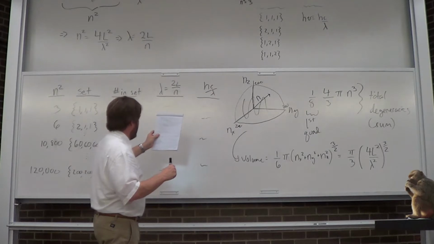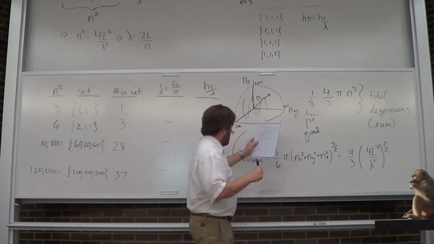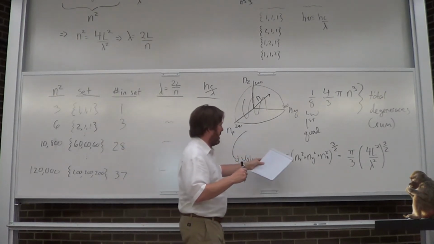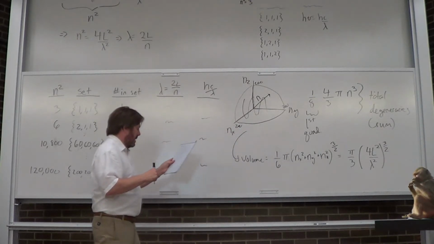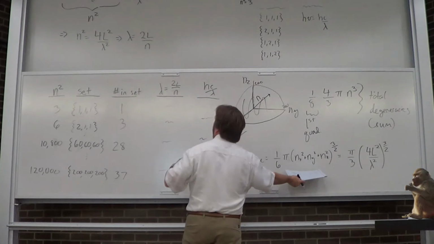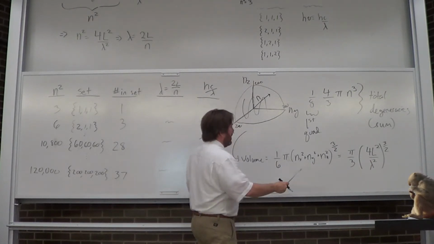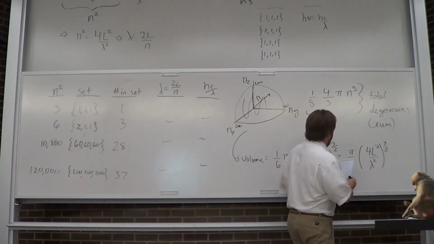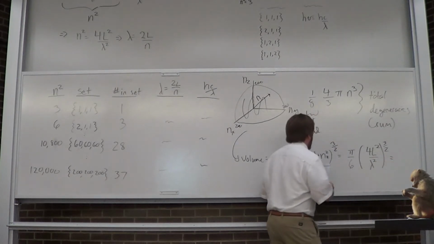Why do I have that? Sorry, what have I done? I've made a mistake, haven't I? Why is that 6 to 3? Let's see here. So I've got n squared, and that's 4L squared over lambda squared, right? So I'm pretty sure I've done that right. So I'm guessing that this is a 6. I don't know what I've done wrong. So I'll have to figure that out next time.